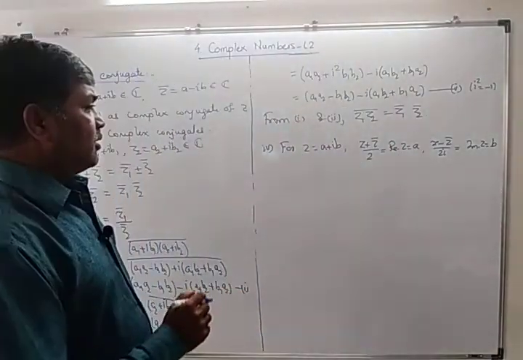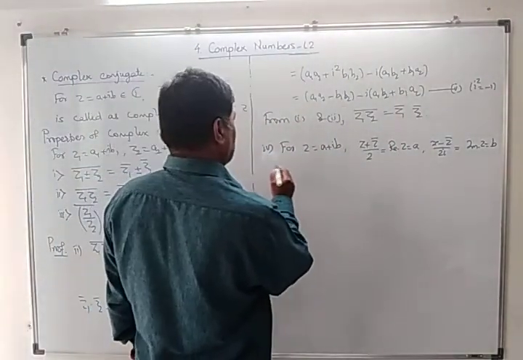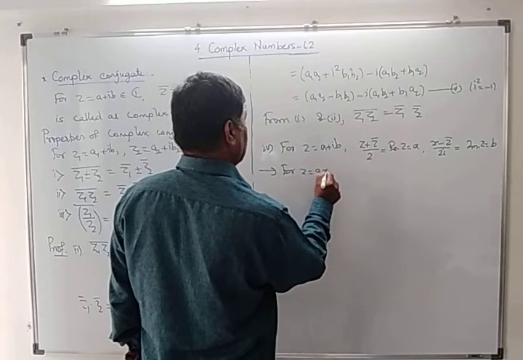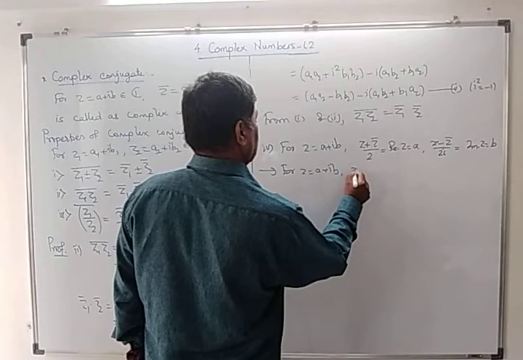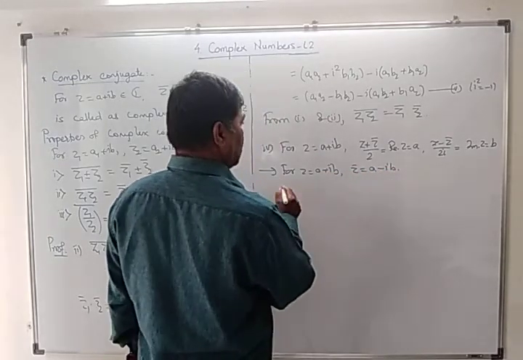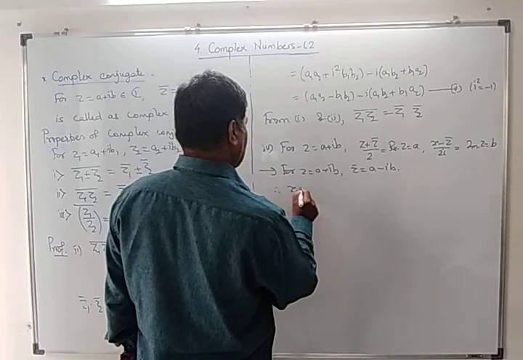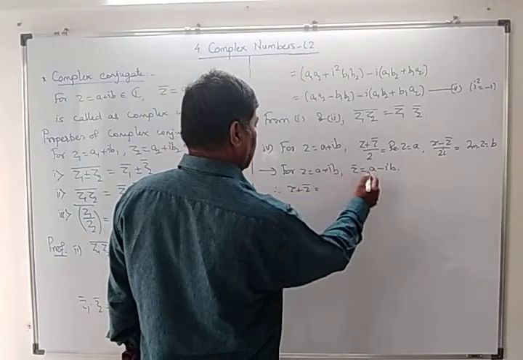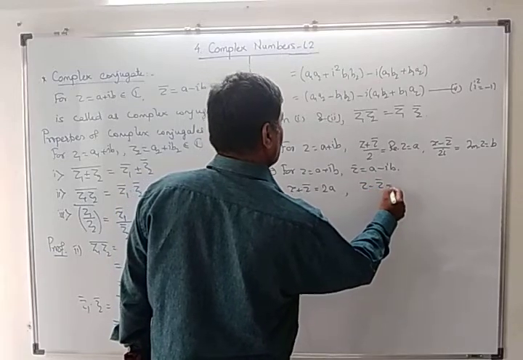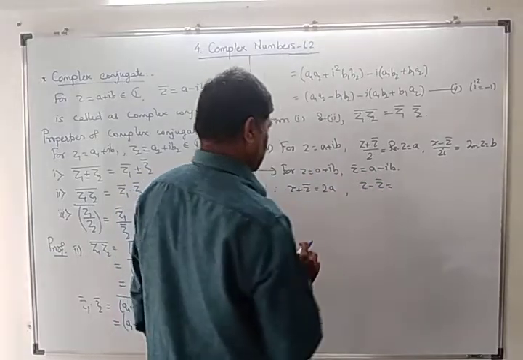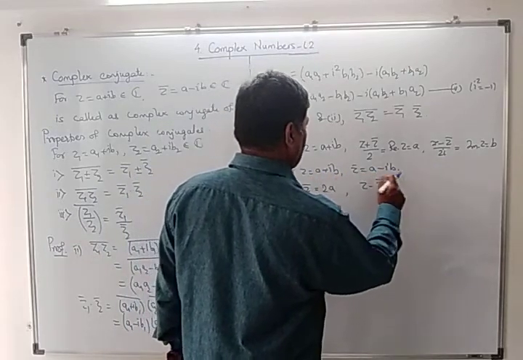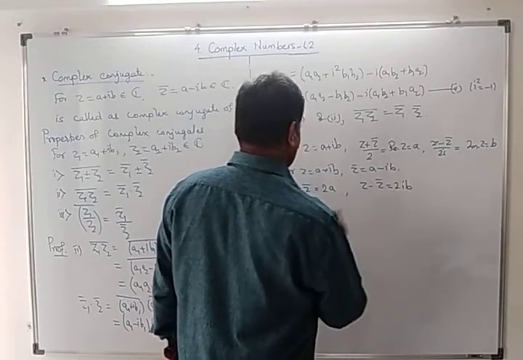Okay. So the proof of this: for z equal to a plus ib, z bar is equal to a minus ib, and therefore z plus z bar equals 2a, and z minus z bar equals a plus ib minus a plus ib, where a gets cancelled, and we get 2ib.